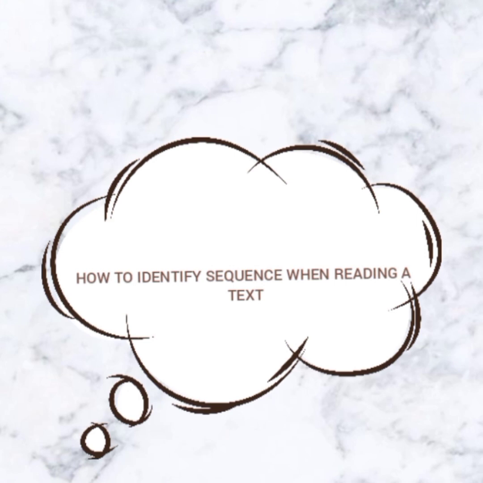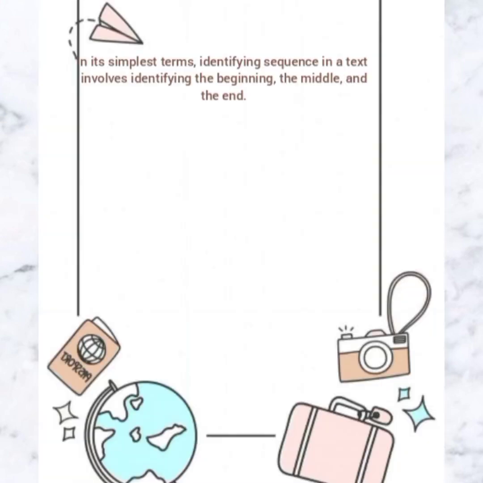How to identify sequence when reading a text. In its simplest terms, identifying sequence in a text involves identifying the beginning, the middle, and the end.